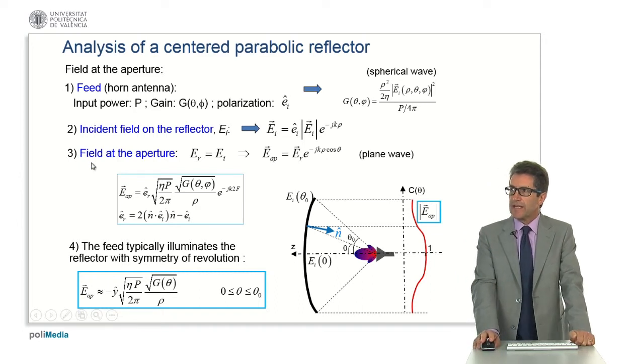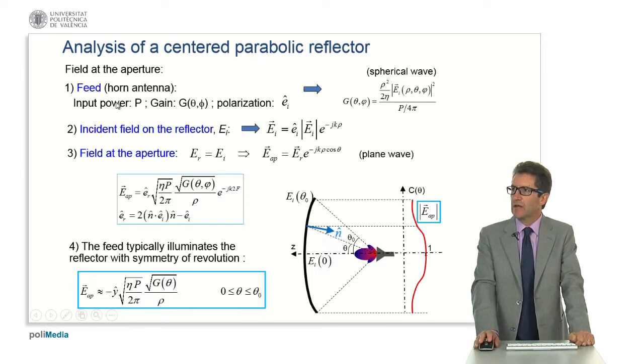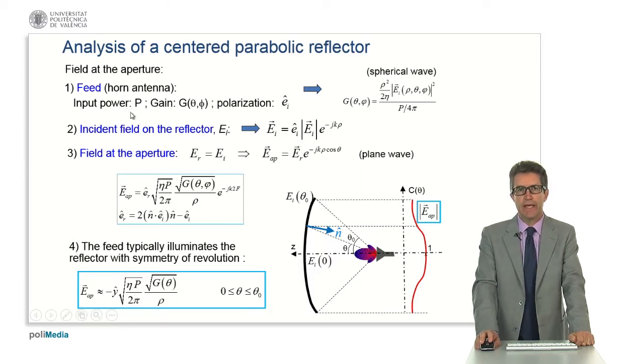So in the next slide, we are going to try to define the model of the field at the aperture in the case of a parabolic geometry. First, we will consider that in the focus we have a feed antenna, typically a horn antenna, of input power P, gain G, and polarization along the Y unit vector.